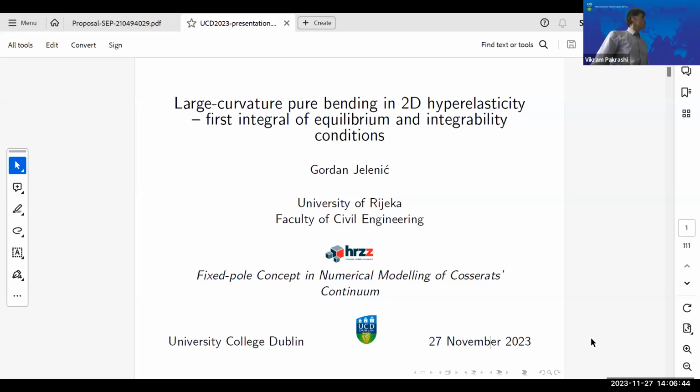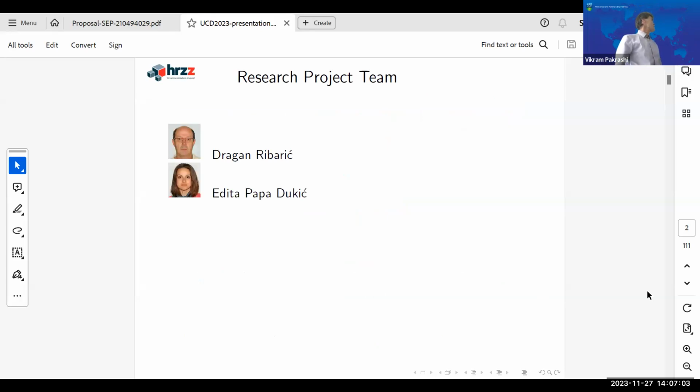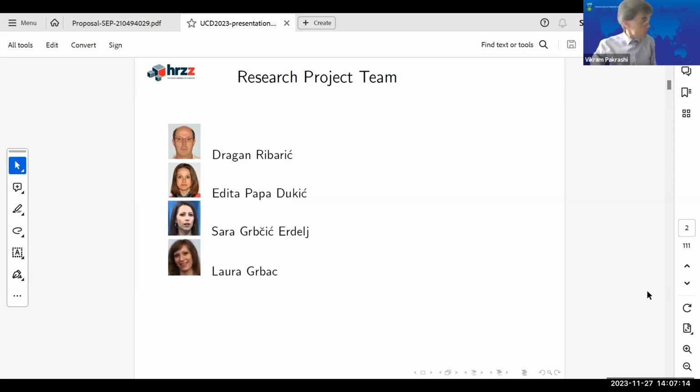So far as the project is concerned, let me just see how this works. Okay. So this is the group that works with me. Within this project, these are my colleagues, Gordan, Edita, Sara, Laura, Eddie.